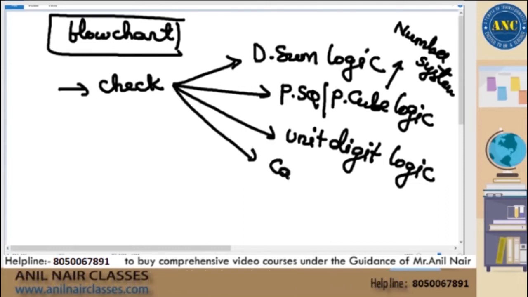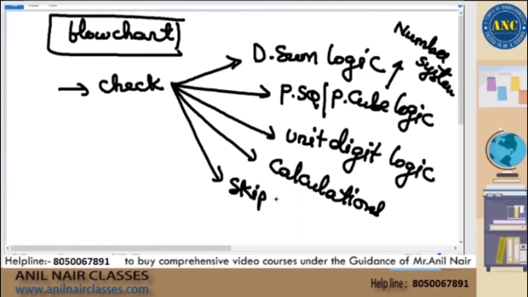Fourth is, if none of these is working, you will use the necessary calculations. If none of the four is working, you will skip the question if it is taking more time. You will solve the question in round 3. Please make a note of this. These are the checkpoints. These are the tools which you will use.